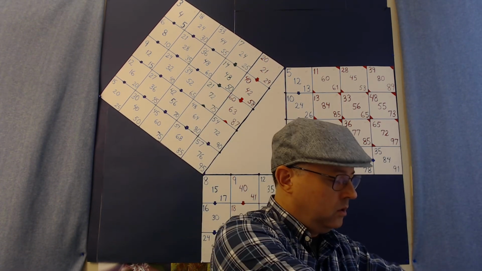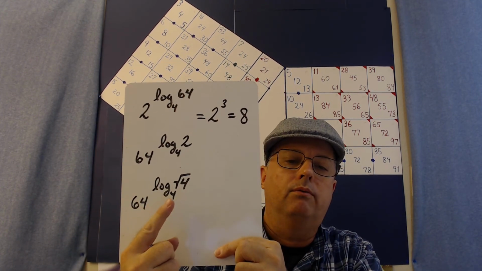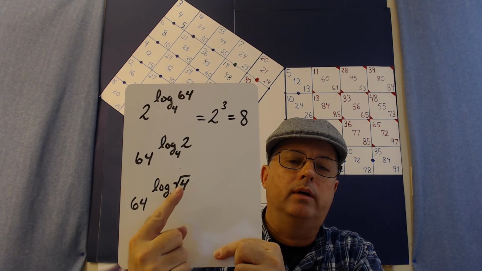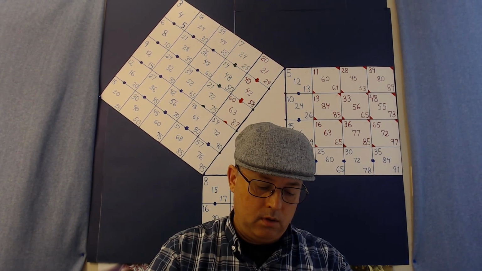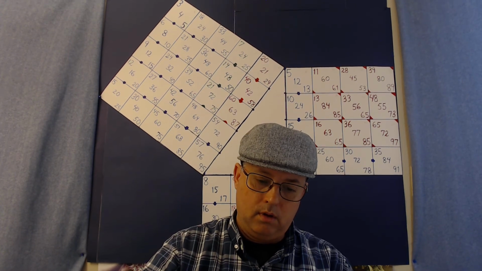All right. So that's what we have here. We have 4 to the 1/2 power gives us the square root of 4. And so that's 64 to the 1/2, and that's the square root of 64. And hey, that's 8. Oh my goodness, it works.